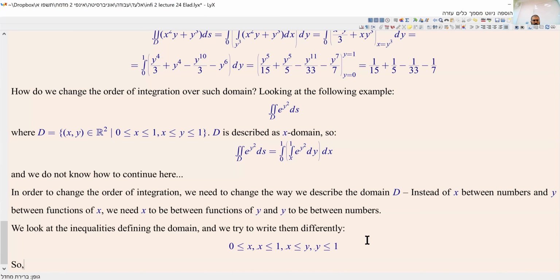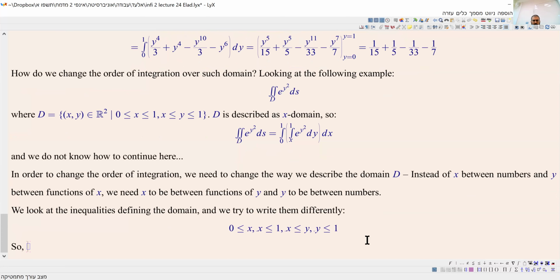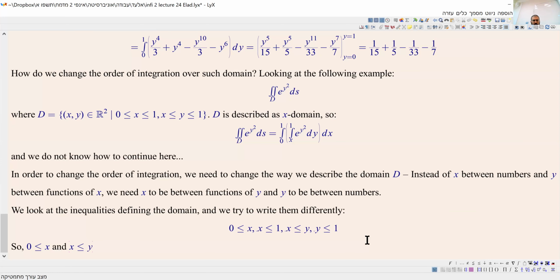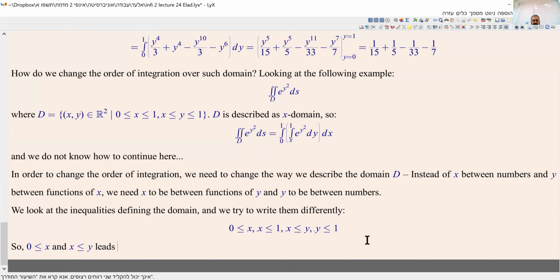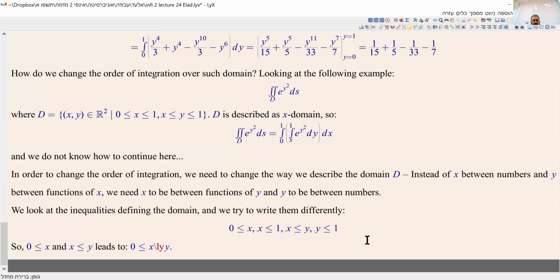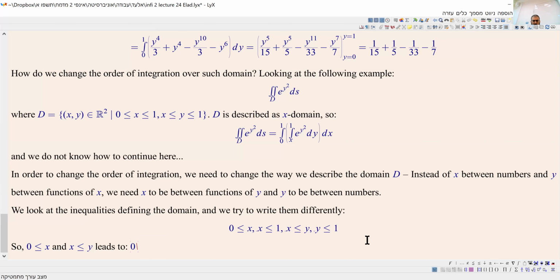So x is greater than 0 and x is smaller than y leads to x between 0 and y, which is not very difficult to see.